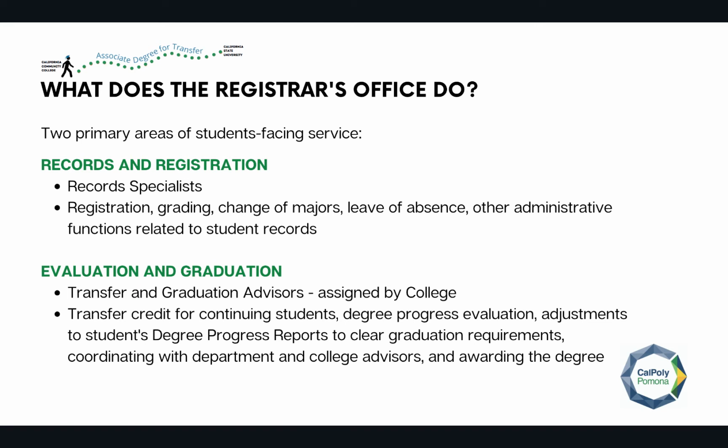We work on evaluating and posting transfer work for continuing students. When you all first transfer to Cal Poly, your transcripts from other institutions like Mount Sac or Chaffey are going to go through the folks in our admissions office for the initial evaluation and posting of those units.